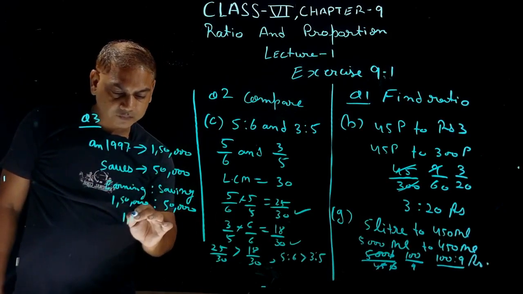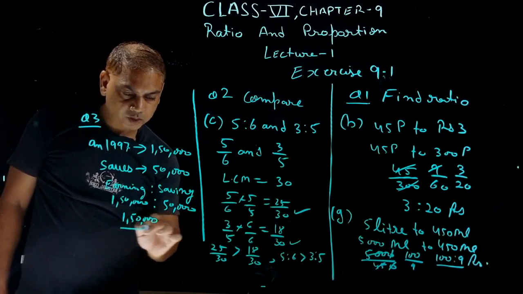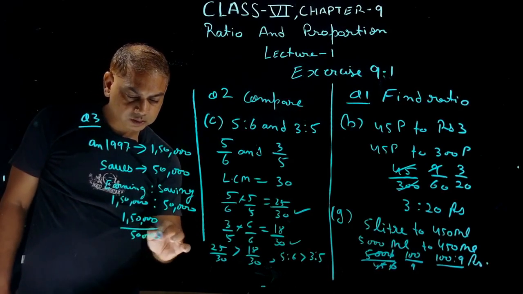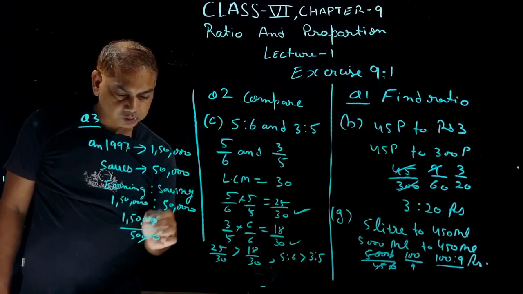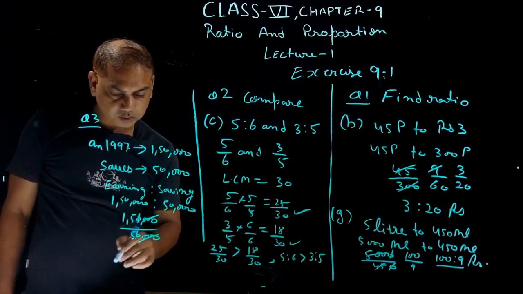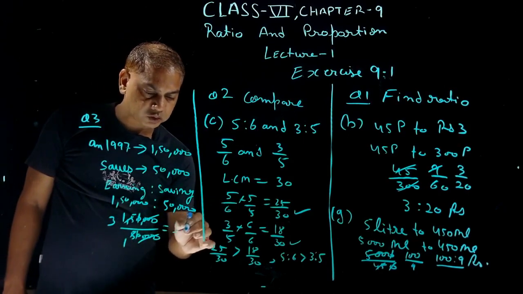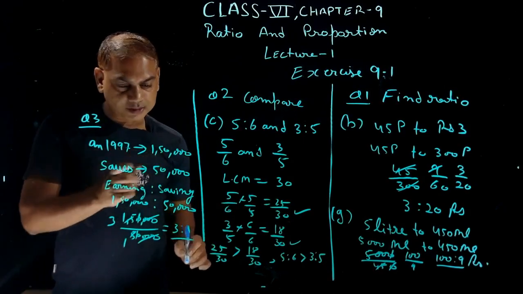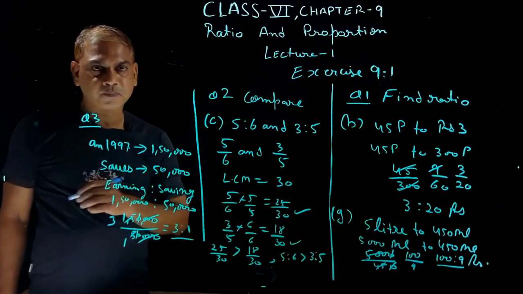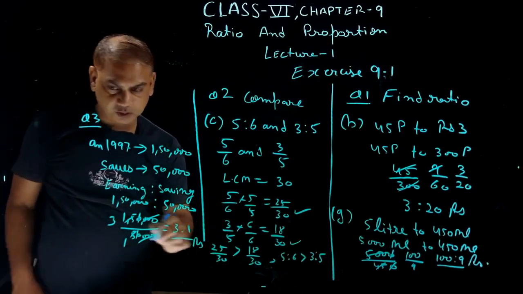Okay, 1,50,000 upon 50,000. Cancel out. 50,000 cancel out. 3 upon 1. So earning to saving ratio is 3:1. Okay, this is your answer of the first part of question number 3.